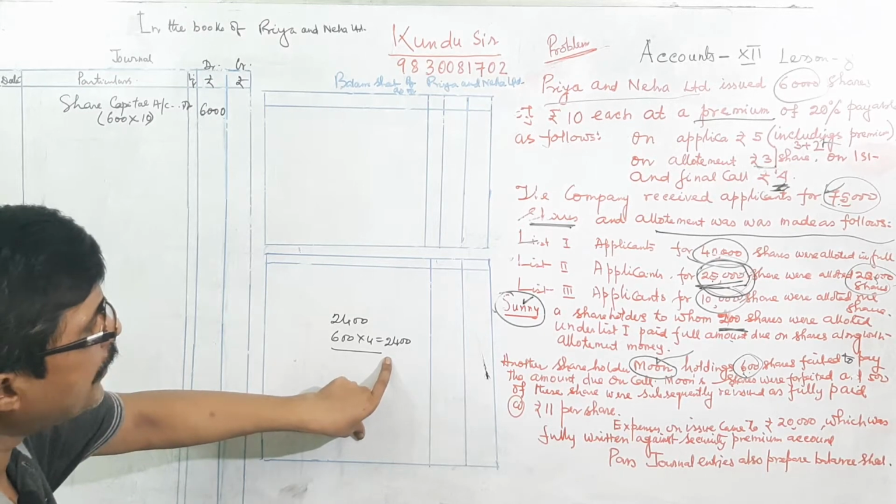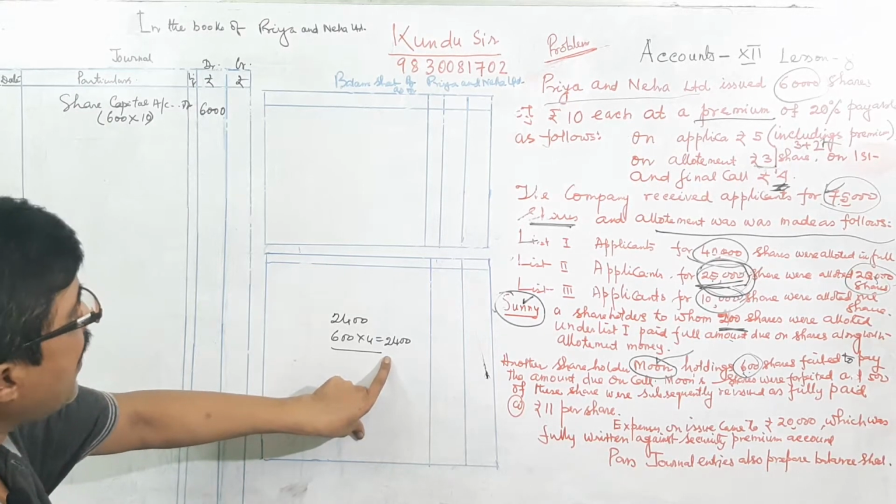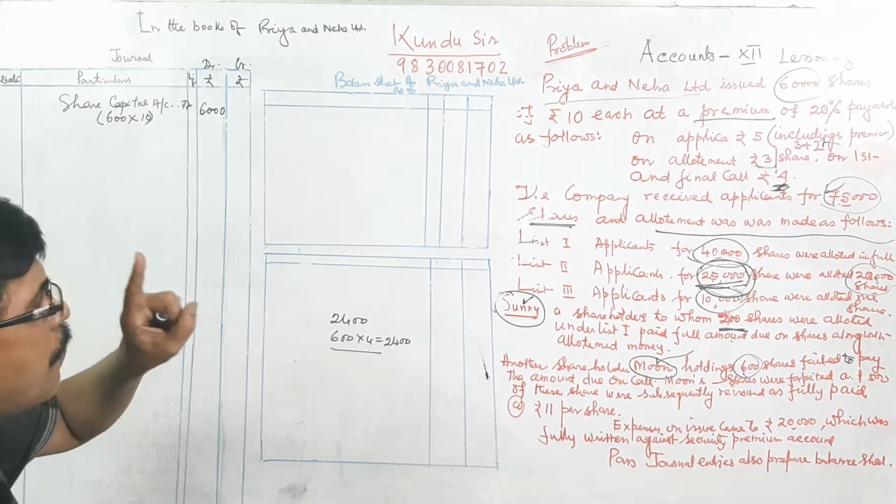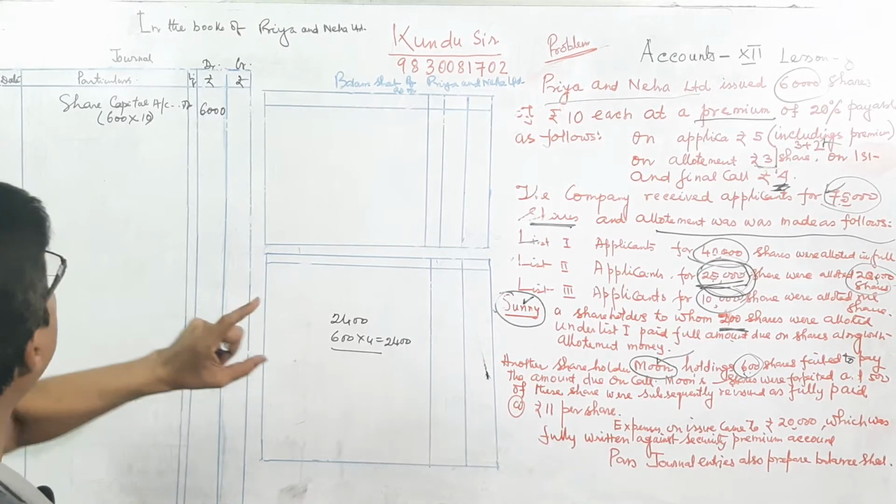So, we are debiting, that means we have created capital 6,000, out of which 2,400 we have not yet received. It is lying in non-receipt form in the calls in arrear account.